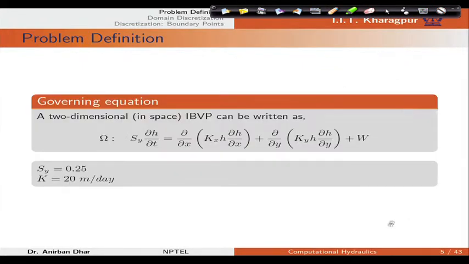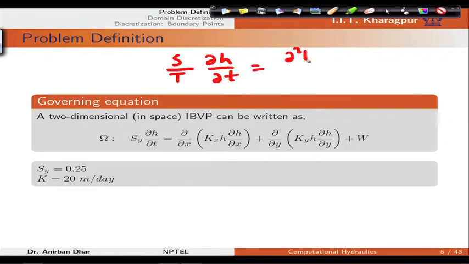Let us define our two-dimensional problem. In our confined aquifer problem, we utilized this equation: del h by del t and del 2h by del x2 plus del 2h by del y2.